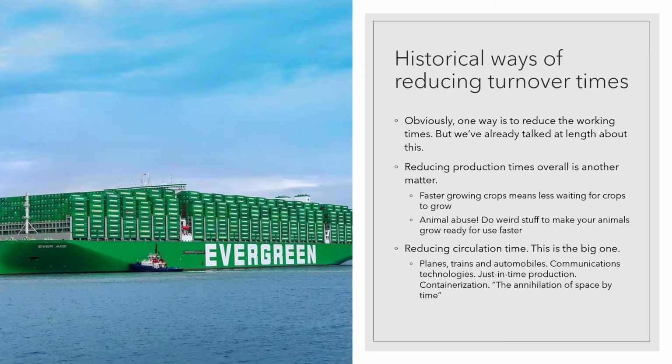So raising production times overall, as a way to increase working times, is to do all the stuff that we've been talking about up to now, right? Hitting the laborer with a whip, making fancy machines and so forth. I think what's most important about this turnover time stuff, to me at least, is the way that it explains a lot of the technological advances that capitalism has created over the years that we haven't been able to explain yet, given what we've said so far.